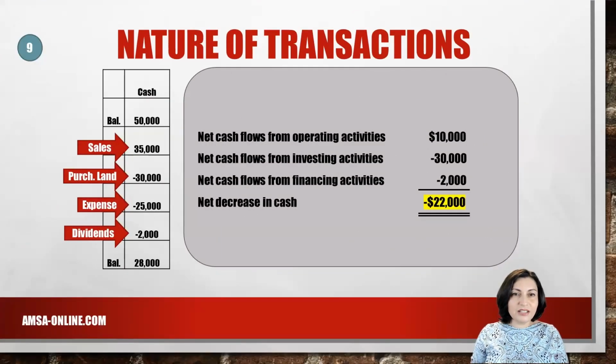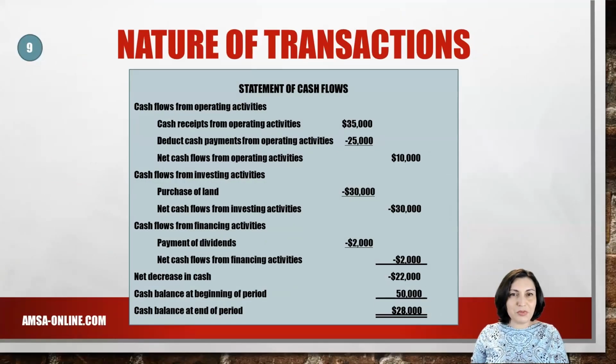Taken together, $10,000 cash generated from operating activities, less the cash used for investing and financing activities of $30,000 and $2,000 respectively, results in a $22,000 net decrease in cash as we calculated earlier. Now let's prepare a simple statement of cash flows.